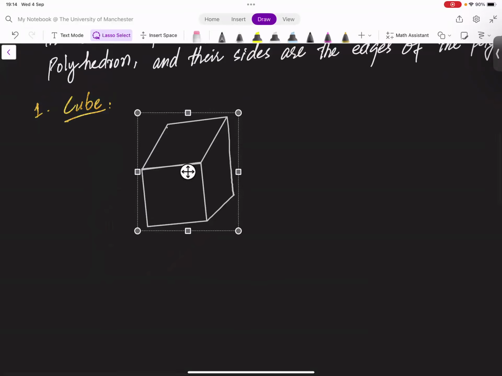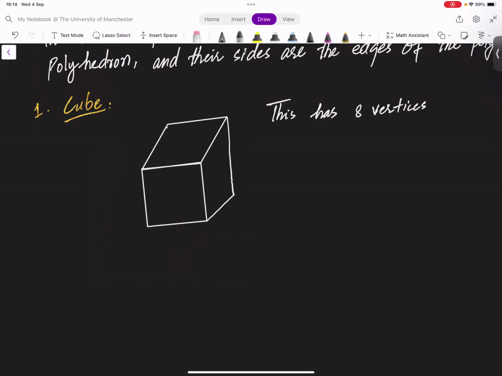This has 8 vertices: 1, 2, 3, 4, 5, 6, 7, and 8.